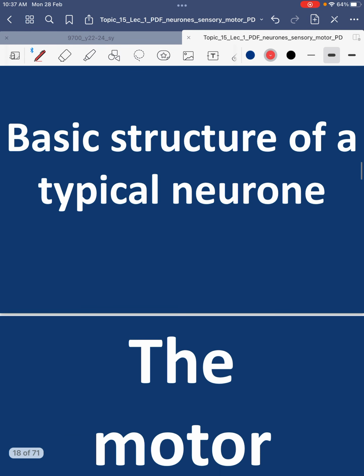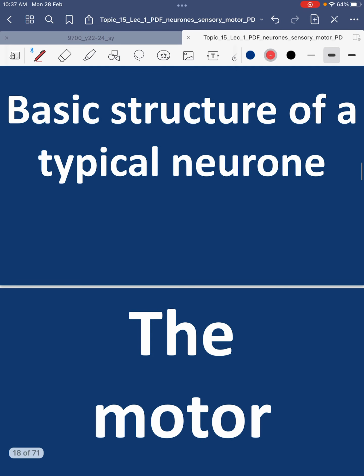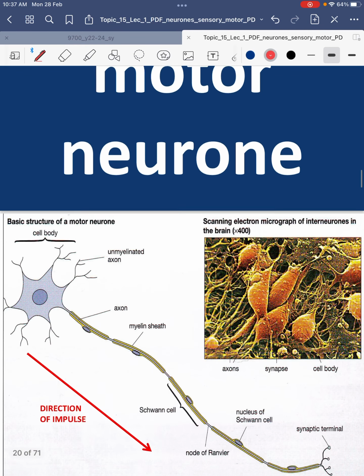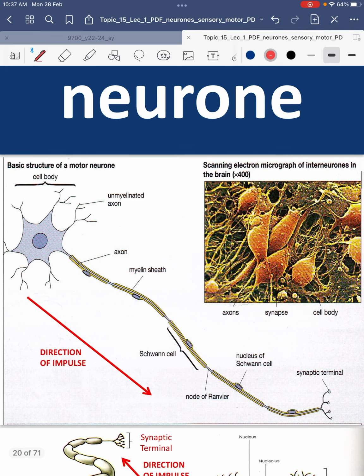Okay, we will look at the basic structure of a typical neuron, and that is the motor neuron. So let's learn the features. Any neuron will always have a cell body.